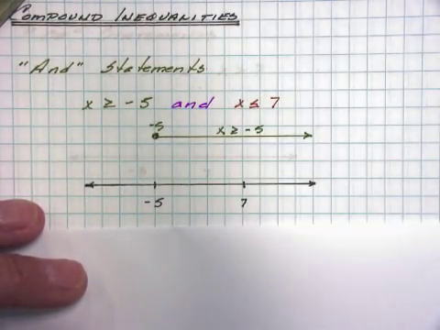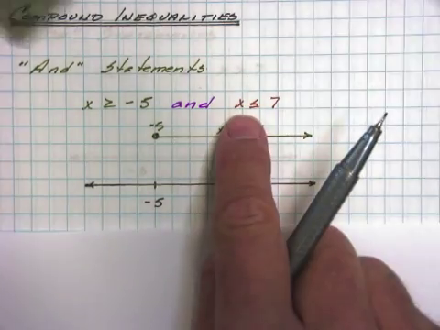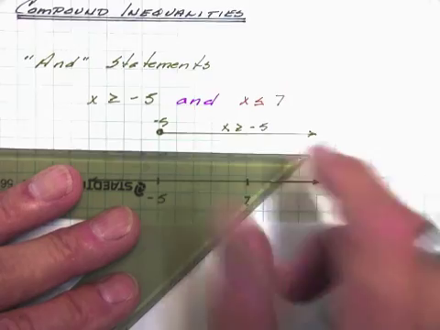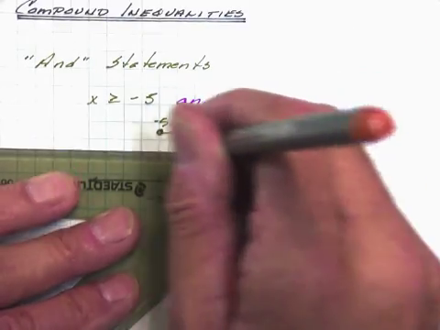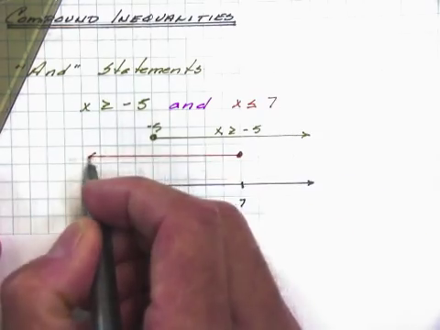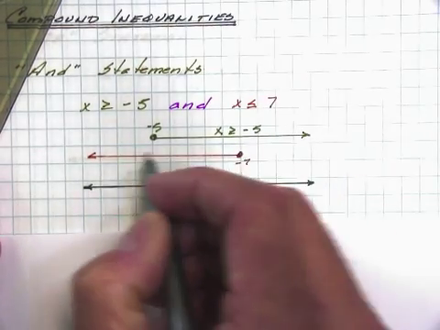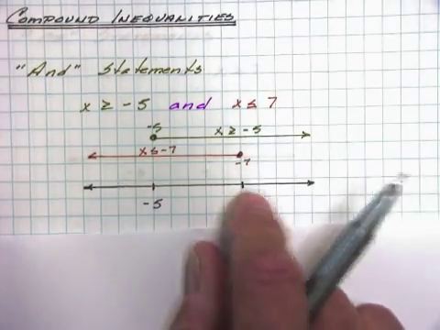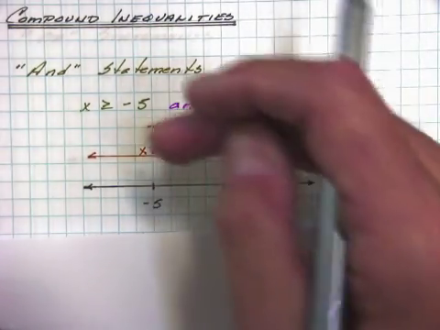All these numbers. Then we've got the other condition, which is x is less than or equal to 7. So that would be all these numbers, where this is 7, and these are all the numbers that are less than or equal to 7, okay?